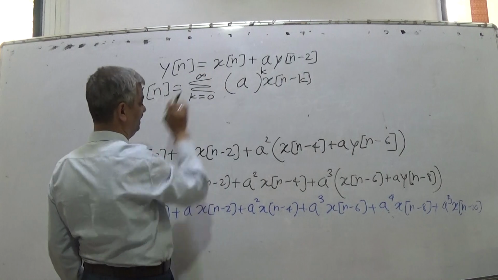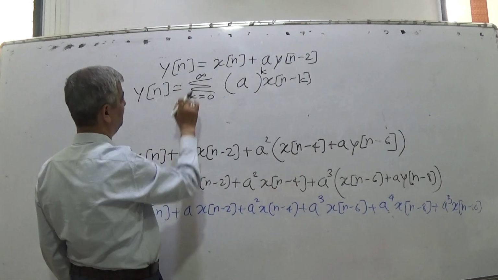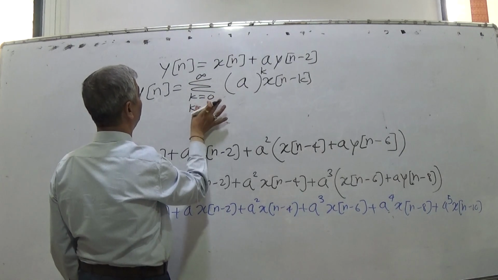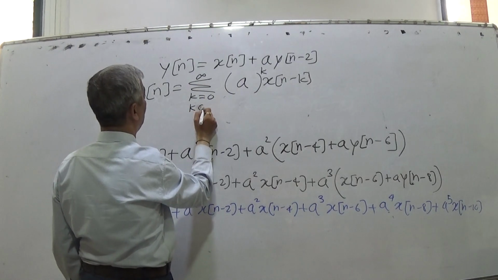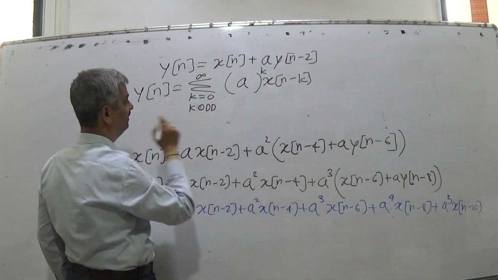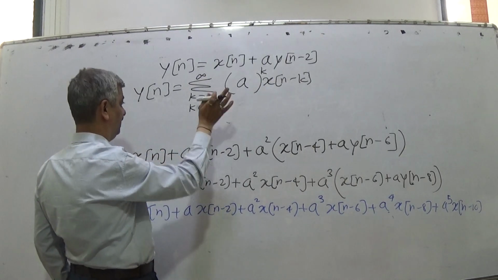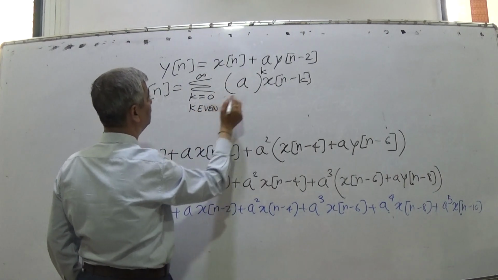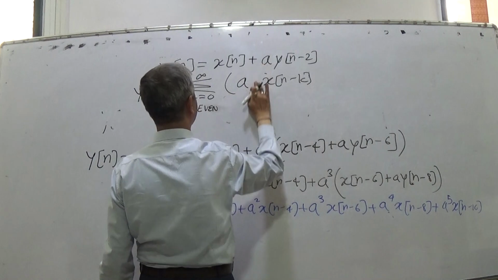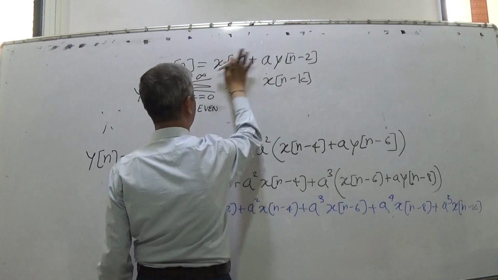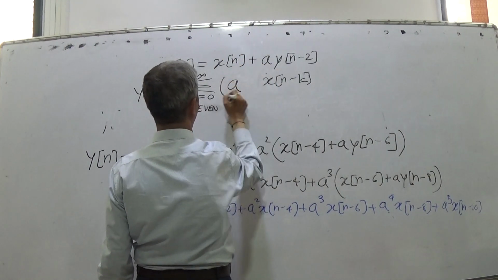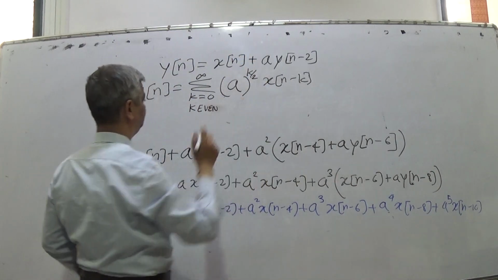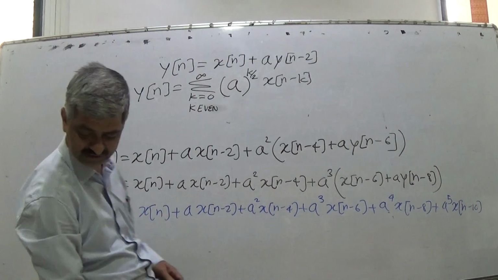So this I can say, k 0 to infinity, k even. It is not a standard method. Sorry, not k odd, k even. k from 0 to infinity, k even, raised to, and now this is not a standard method. This we can convert later. I think everybody has agreed. So this is the expression.